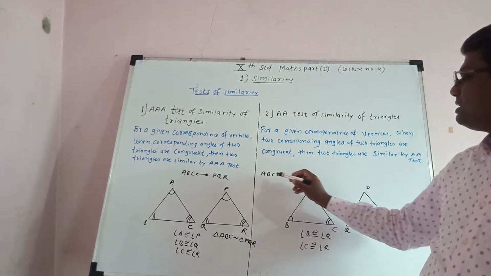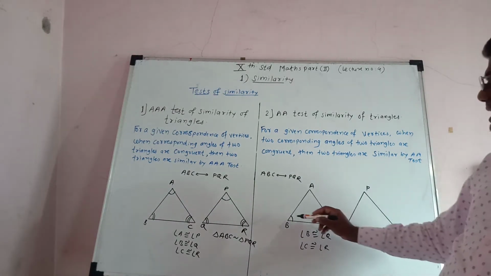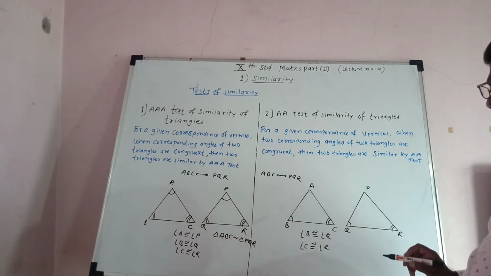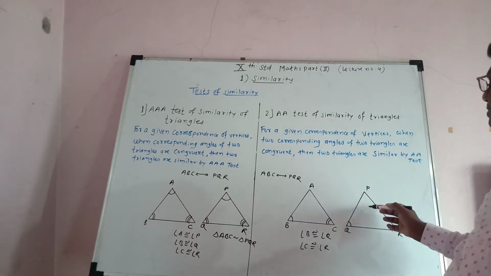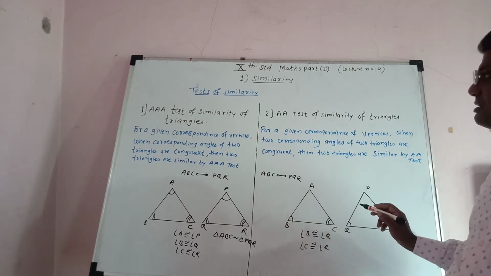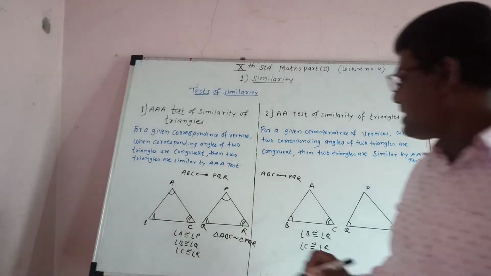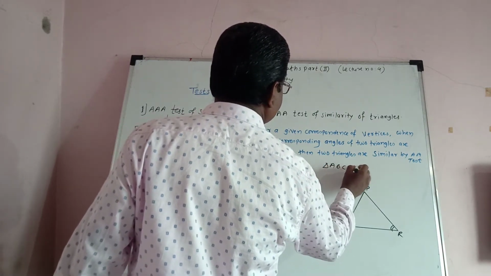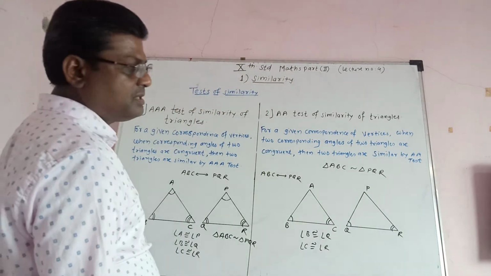A corresponds to P, B corresponds to Q, and C corresponds to R. And angle B is congruent to angle Q, angle C is congruent to angle R. That is, two angles of the first triangle are congruent to the two corresponding angles of triangle PQR. Then these two triangles are said to be similar according to the AA test of similarity. Therefore, we write triangle ABC ~ triangle PQR. This is by the AA test of similarity.